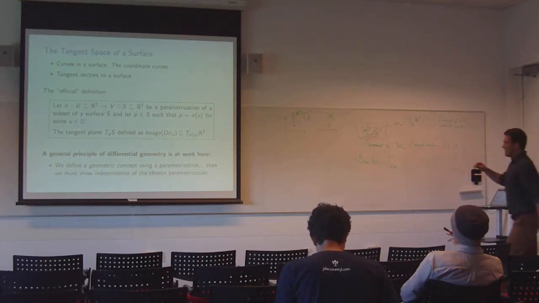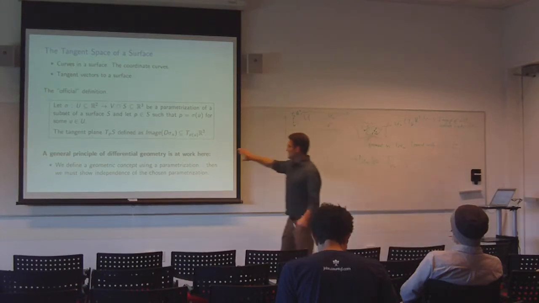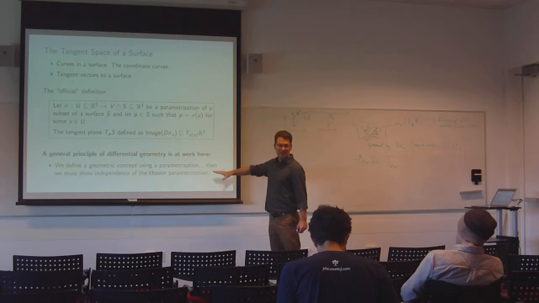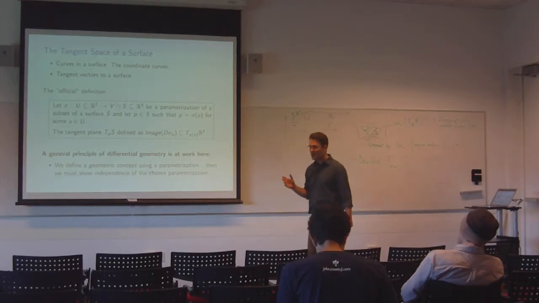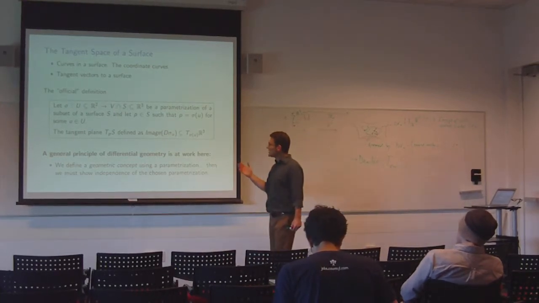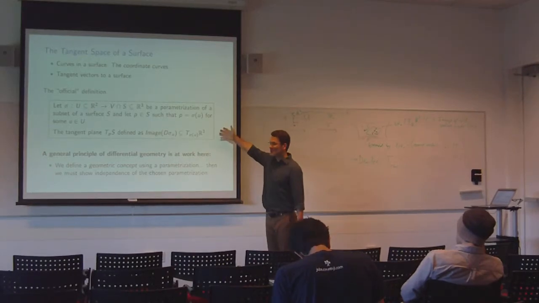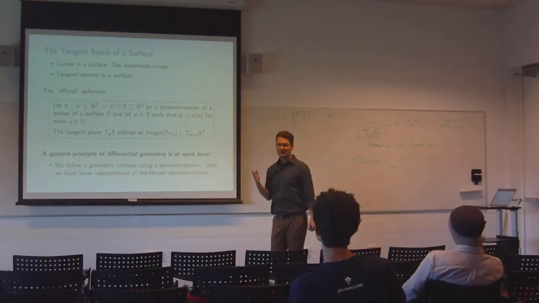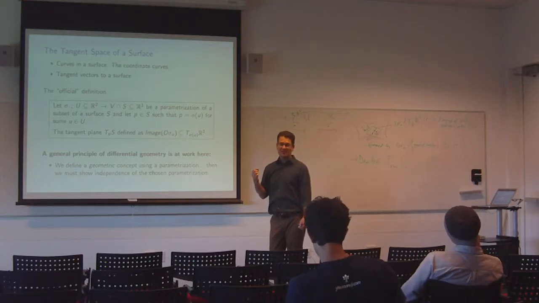We've been harping on parameter independence for many times in the past couple lectures, and you've got to realize that I just used a parameterization to define something. A priori that's bad, because parameterizations are not unique.